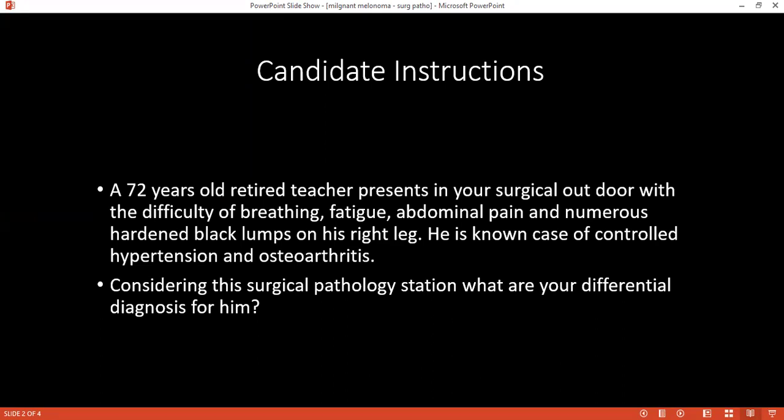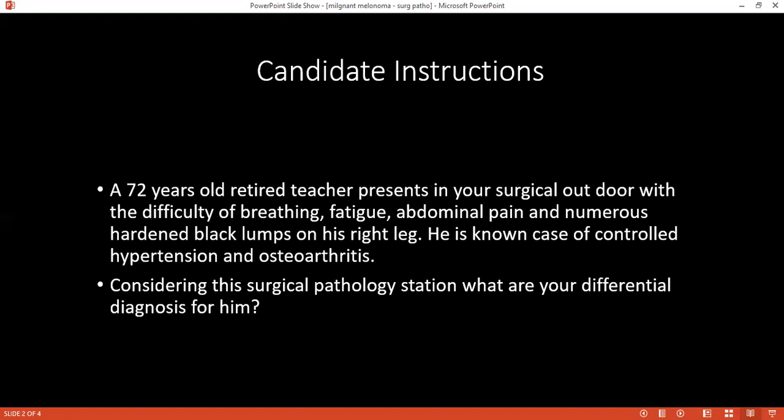So it will be a malignant tumor of the melanocyte, which will produce melanin. Yes. And how pathologically does it occur? How does the disease process take place?